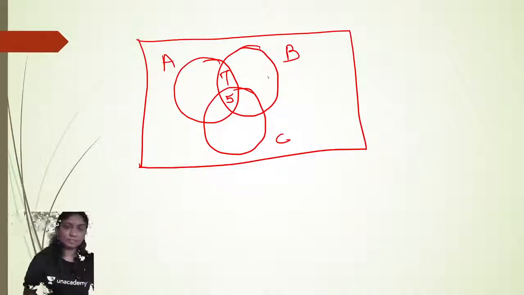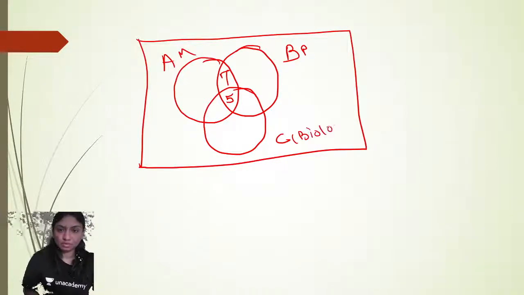And the number of students who study maths and physics: A intersection B is 7. A denotes maths, B denotes physics and C denotes bio.